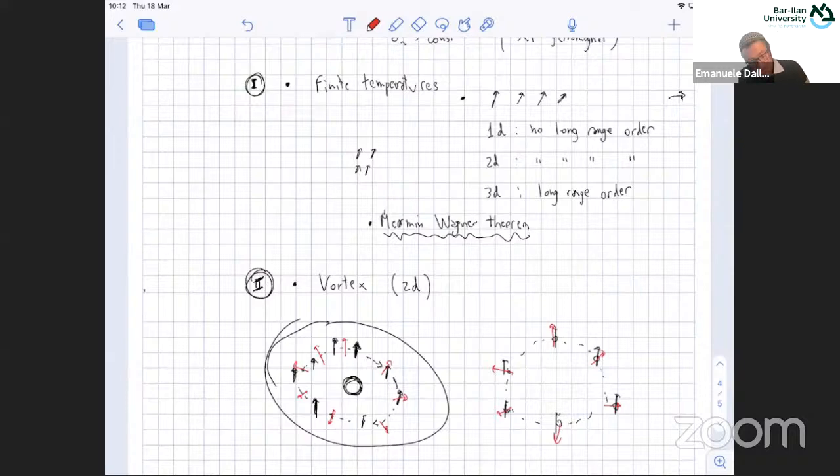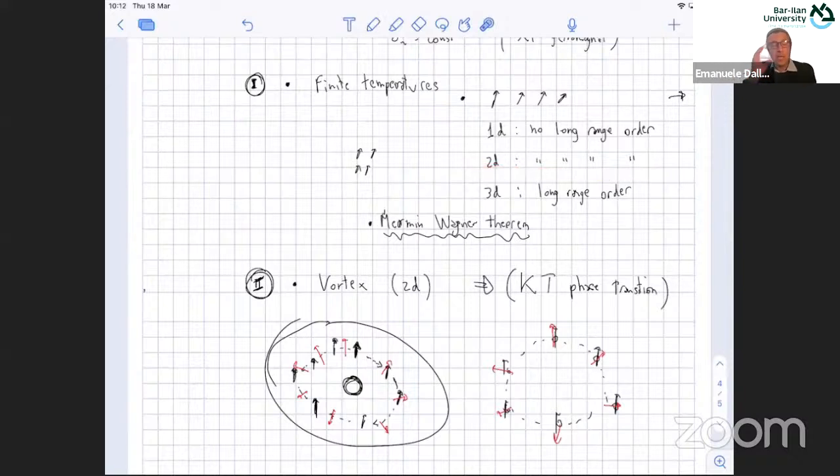Last minute, vortex physics is related also to something called a Kosterlitz-Thouless phase transition. And again, we really don't have time to go into that. So let me just conclude by saying that, according to the Mermin-Wagner theorem, there is no long-range order in 2D.